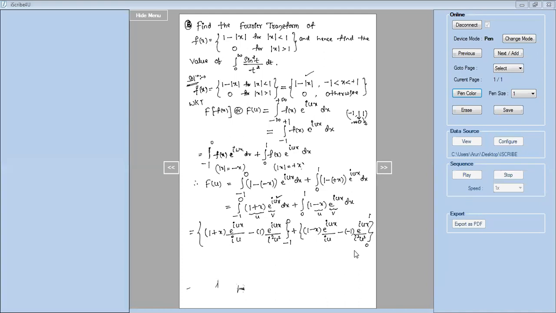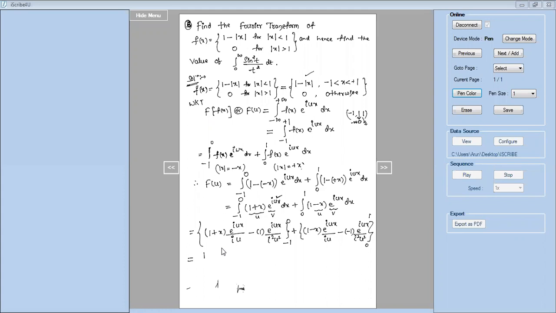Now let us substitute the limits. See, first I'll substitute a limit for this function. Wherever x is there, I'll put 0, upper limit. If I put x is equal to 0 here, so this is 1 plus 0, 1. 1 into e power 0, and e power 0 is 1, 1 into 1, 1. 1 by i u, the first term.